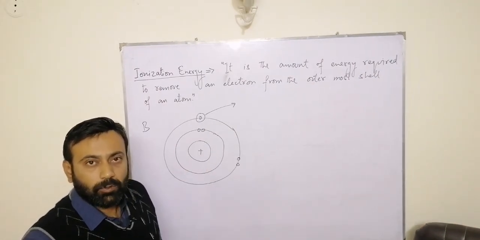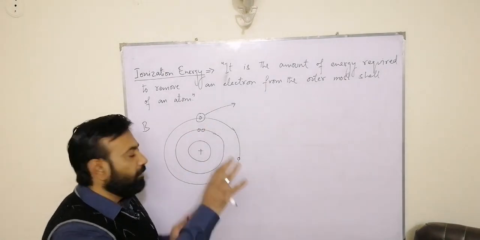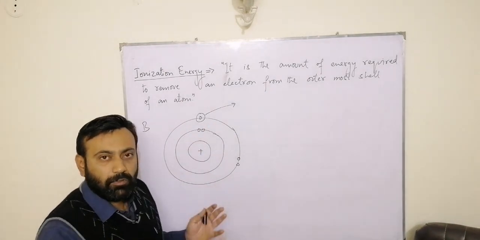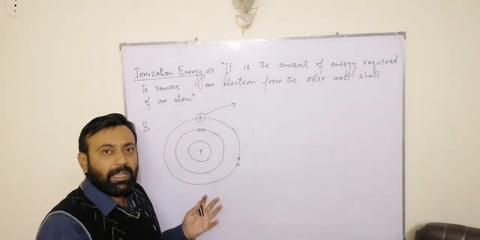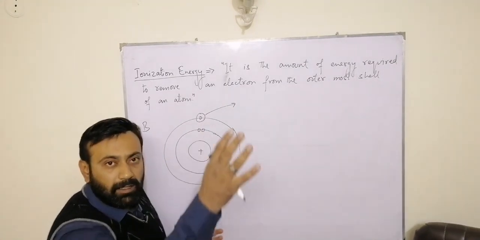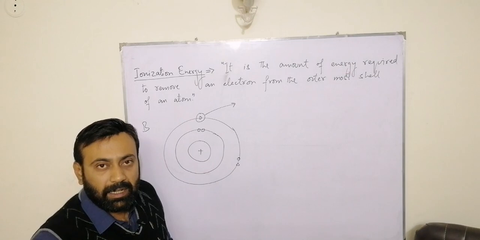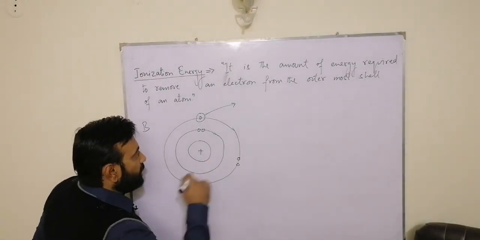That is why electrons do not fall into the nucleus. So if we want to take this electron further away from the nucleus, we will have to give it some energy. It will gain more and more kinetic energy, and it will get out of its orbit and stay away from the atom.